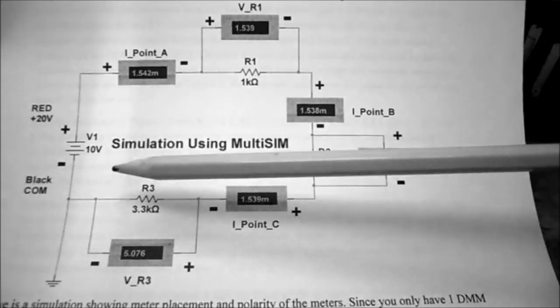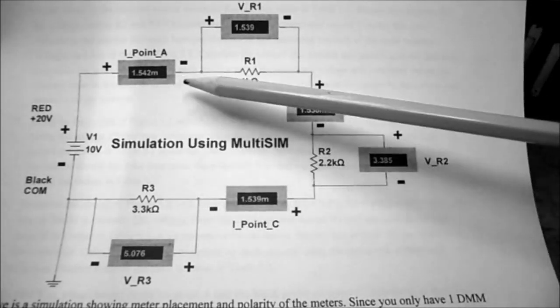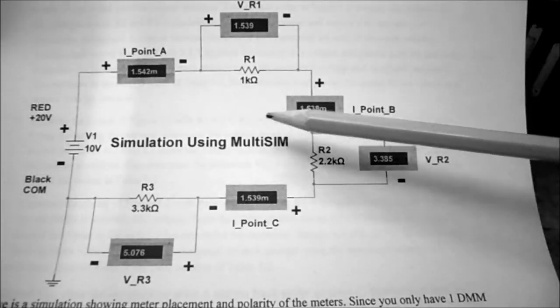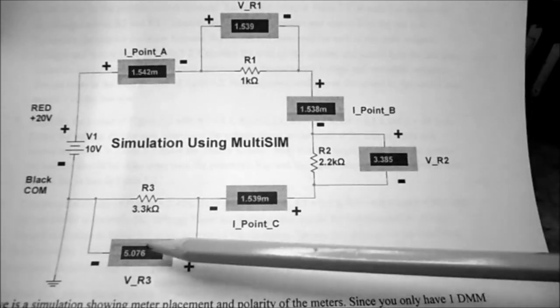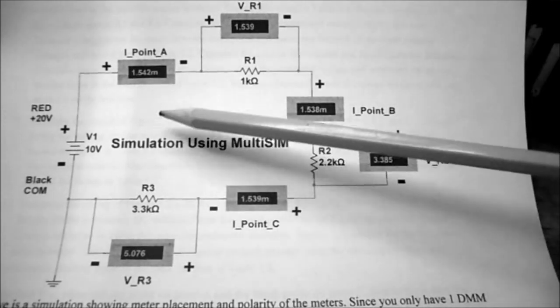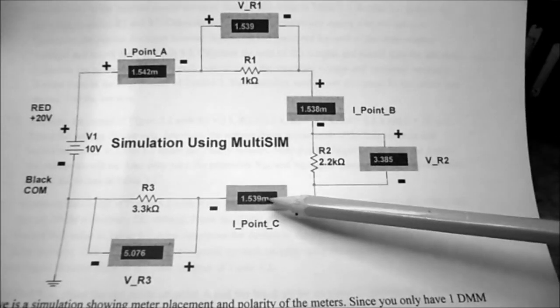I've also done a complete simulation of our first circuit for you, showing you the placement of the ammeters and the placement of the voltmeters, and it shows the readings that we should expect to get when we do our experiment.